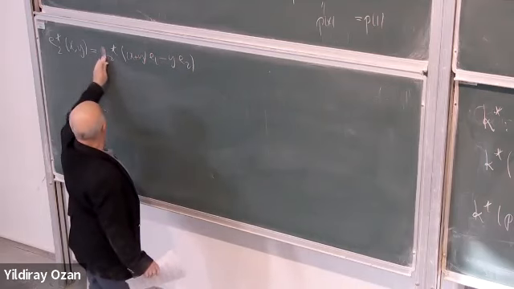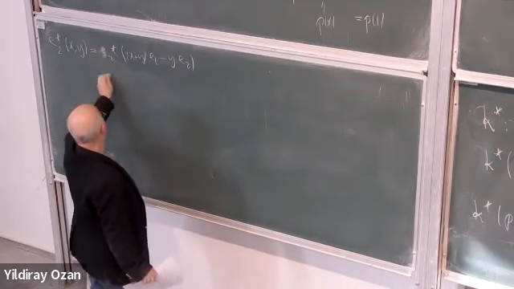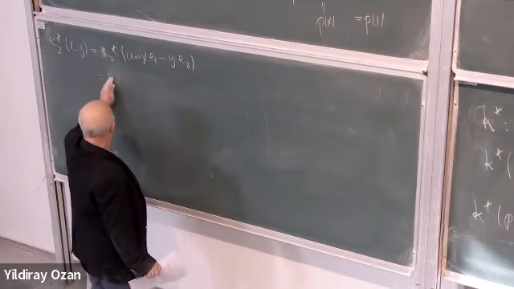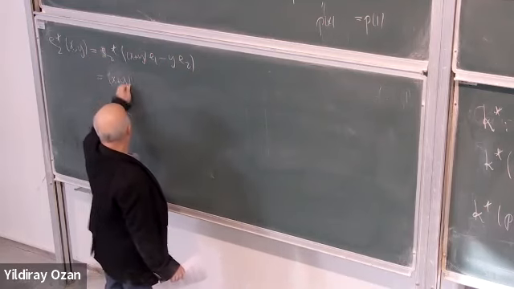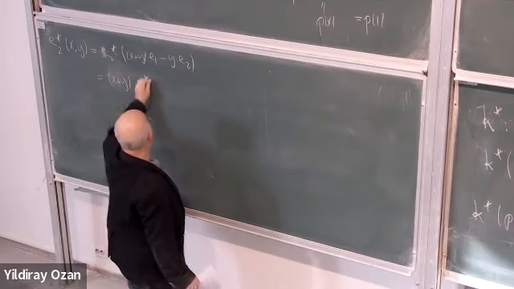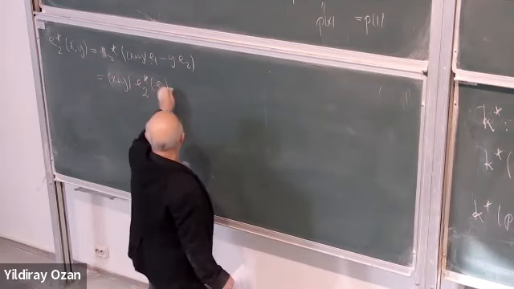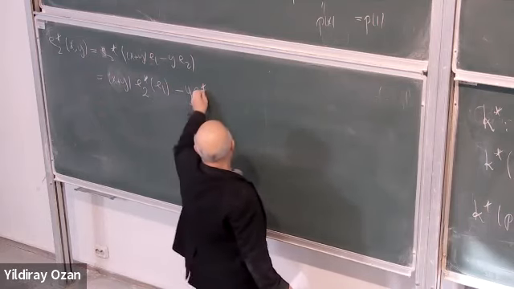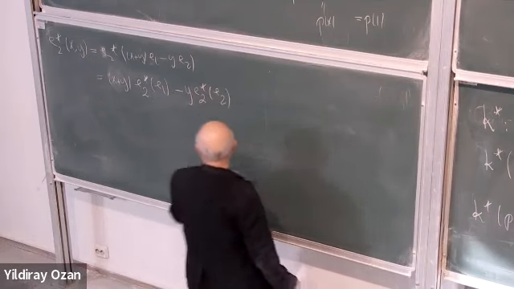Again, since this will be a linear map, this is x plus y times E2 star of E1 minus y times E2 star of E2.